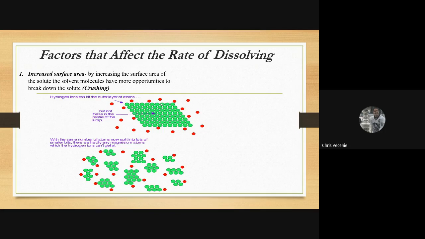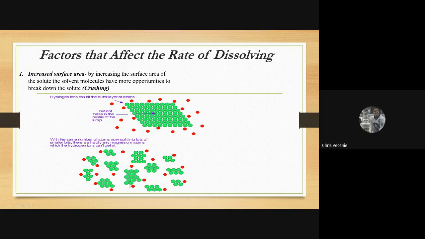So what we can do is give the water more opportunities to attack the solid. And we do that by breaking it down. We increase the surface area. We take this crystal and we break it up into a bunch of littler pieces. Now, all of a sudden, the water can get at a bunch of the particles that used to be on the inside because they're in these tinier pieces.